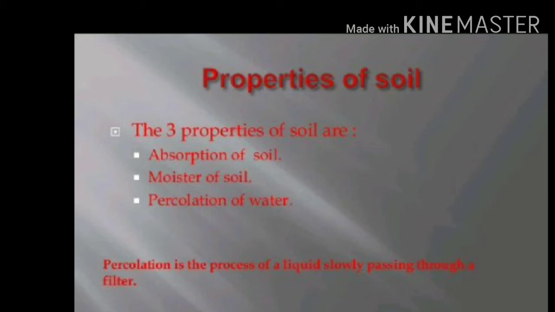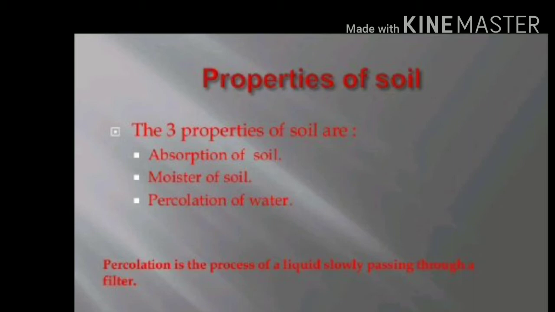Just calculate the rate of percolation using the formula. How can we calculate the percolation? The percolation rate is equal to the amount of water divided by the percolation time. Let us discuss it with one example. Suppose for a certain sample it took 20 minutes for 200 ml to percolate.